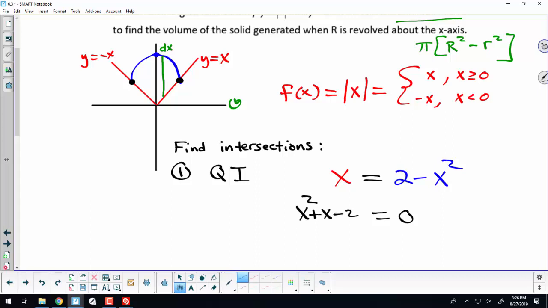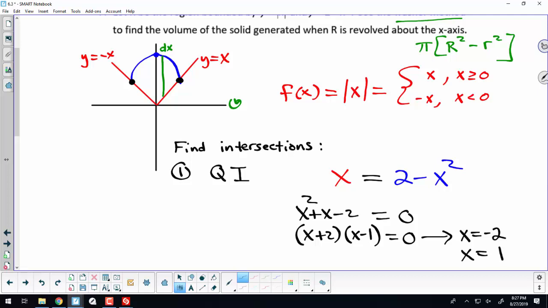When does that equal 0? So that happens when x is -2 and when x is +1.